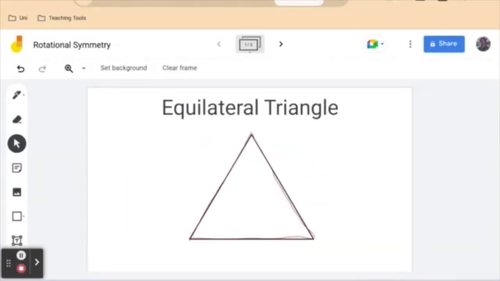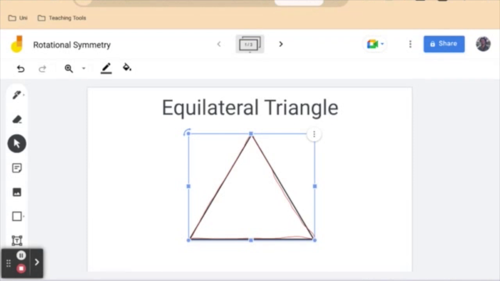So if we go here, I have an equilateral triangle, and we're going to count how many times I can make this shape over a 360-degree rotation. So if I click on this thing here, I'm going to be making a 360-degree rotation. And the way you guys can tell that this has been turned 360 degrees is you see these symbols in the top. For example, these three dots in the top right-hand corner.